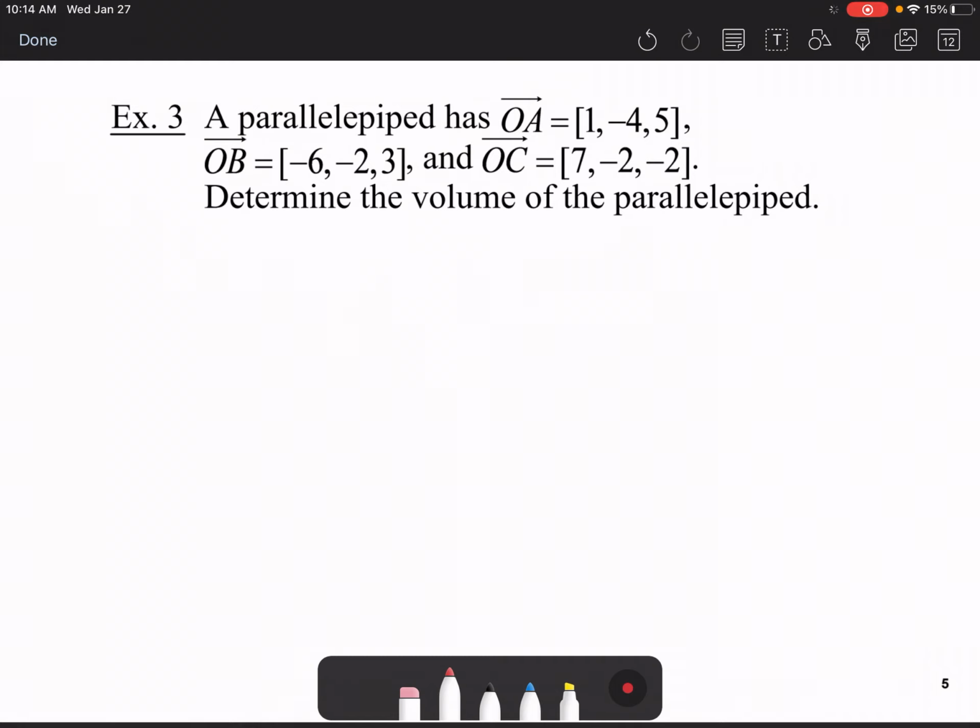So we're going to work out the volume of this parallelepiped, seeing that it all extends from the point O. So OA, OB, and OC. So to find the volume of this, we need the magnitude of OA dotted with OB crossed with OC. Again, you can do in any order that you prefer, if you like. Doesn't really matter.